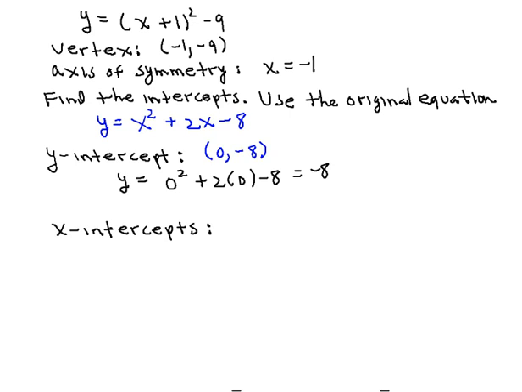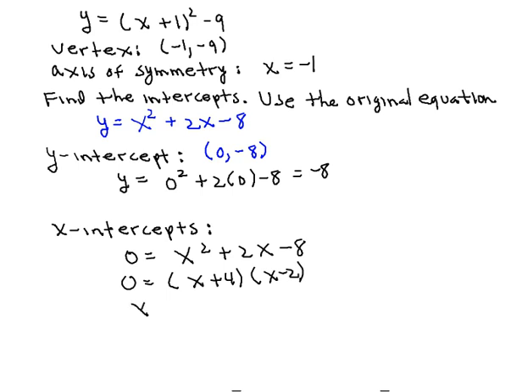And to find the x-intercepts, we'll replace y with 0. So we have 0 then being equal to x squared plus 2x minus 8. We can factor that, in this case, into x plus 4 times x minus 2.